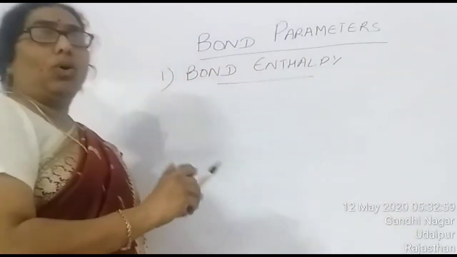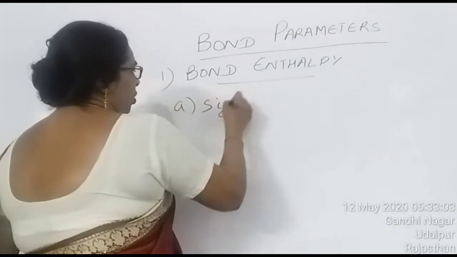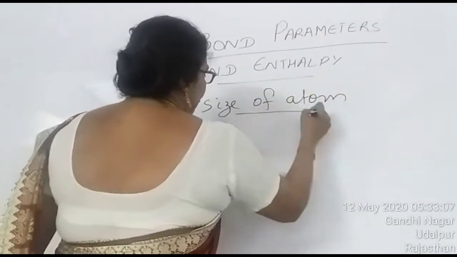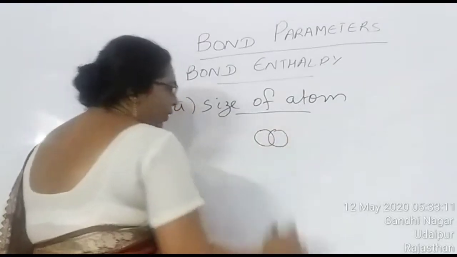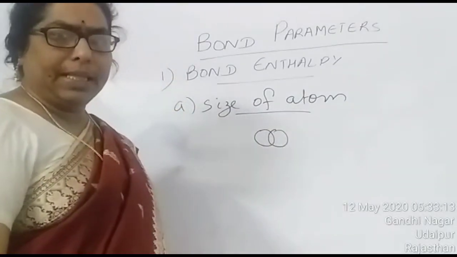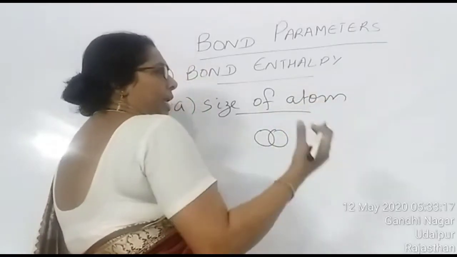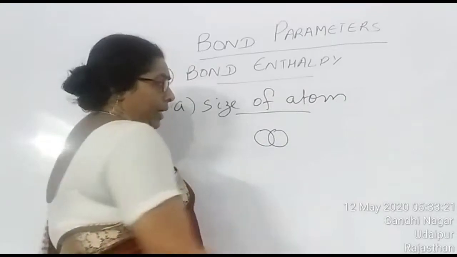Now there are certain factors which control this bond enthalpy, and the first one we can consider is the size of atoms. Children, if you just consider 2 hydrogen atoms, you know that hydrogen is the first element in the periodic table. Then you consider 2 atoms of chlorine.